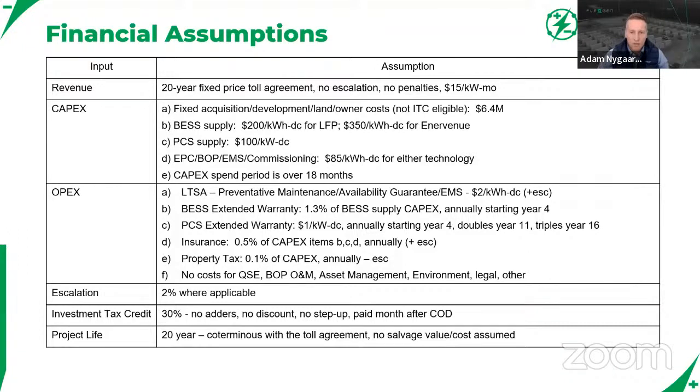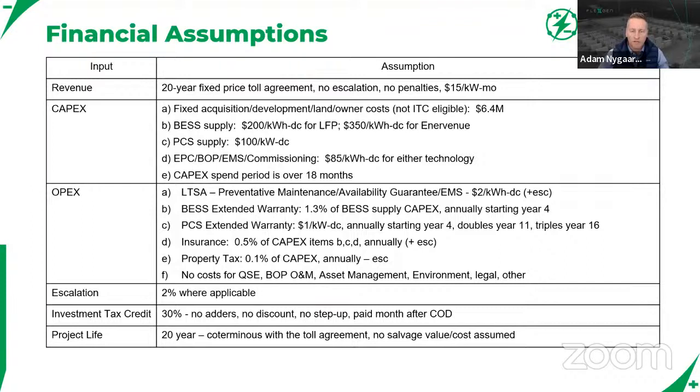For CapEx, we're assuming some fixed acquisition, development, land, and owner costs. We would say that these are not ITC eligible. Again, don't take any of this necessarily to the bank. This is for illustrative purposes, but we've assumed a $6.4 million number there. And then breaking down the equipment and EPC costs, we broke them into just three categories: BESS supply, inverter supply, or PCS supply, and then lumped in EPC, balance of plant, EMS, and commissioning all in one.